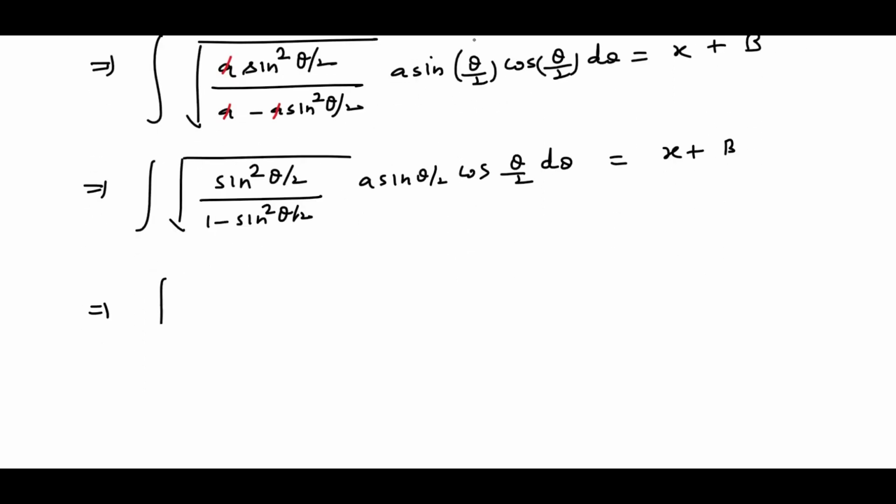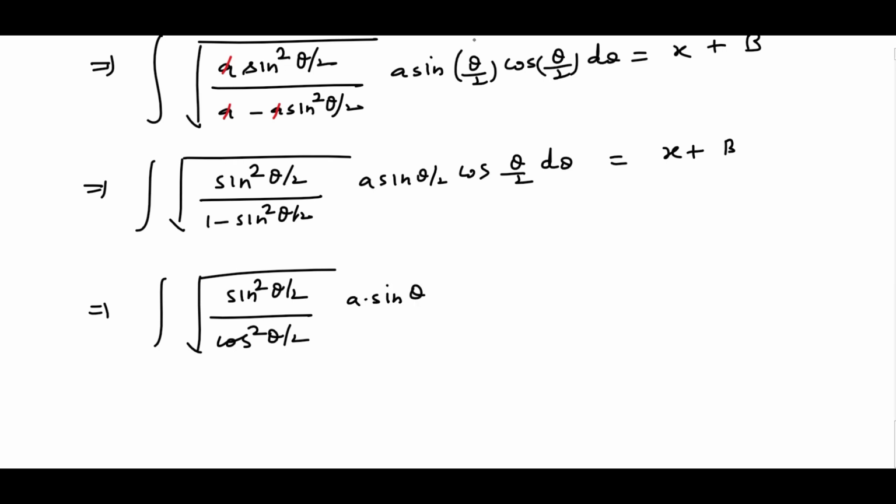So it implies the integration of the square root of sin square theta by 2 over 1 negative sin square, that is a cos square theta by 2, multiplied by a sin theta by 2 cos theta by 2 d theta is equal to x plus capital B.